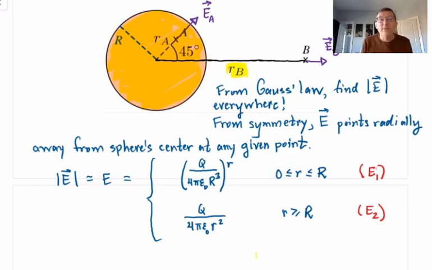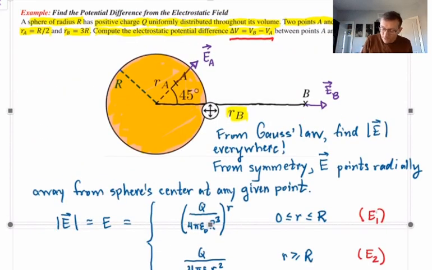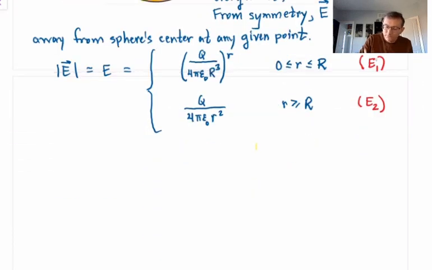So now, how do I find the potential difference, delta V, between the point A and the point B? All right. So now we use this physics idea. The potential difference between 2 points, delta V, which in this case the problem clearly states that it wants in that order, is the V at point B minus the V at point A. So think of A as the initial point and B as the final, because delta always means final minus initial.